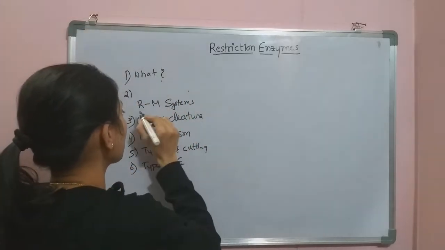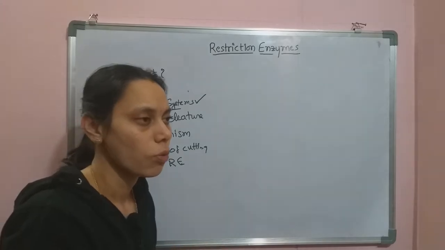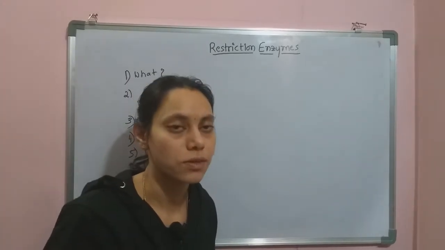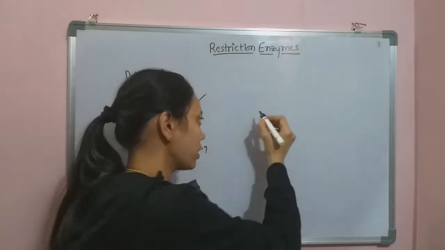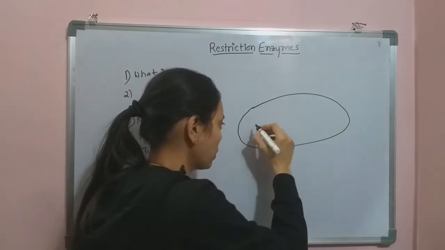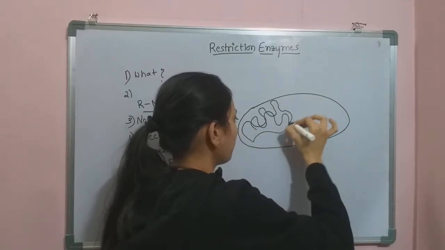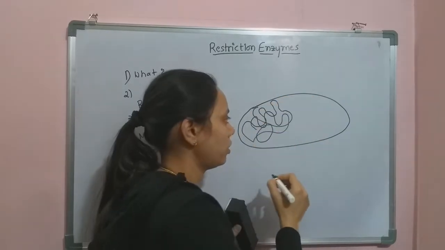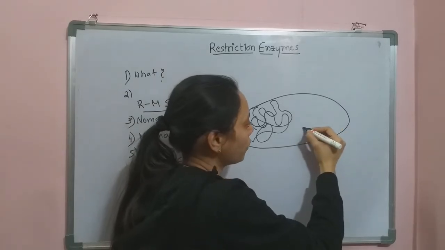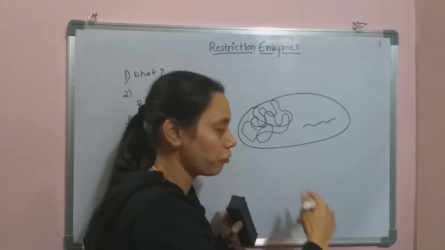So coming to the next point, restriction modification systems. What exactly are restriction modification systems? Let us again take the bacteria example. The bacteria has its own genomic DNA, and it also has newly invaded foreign DNA.